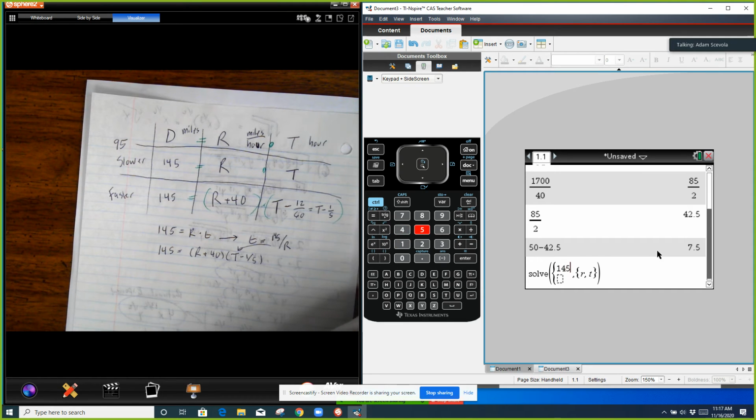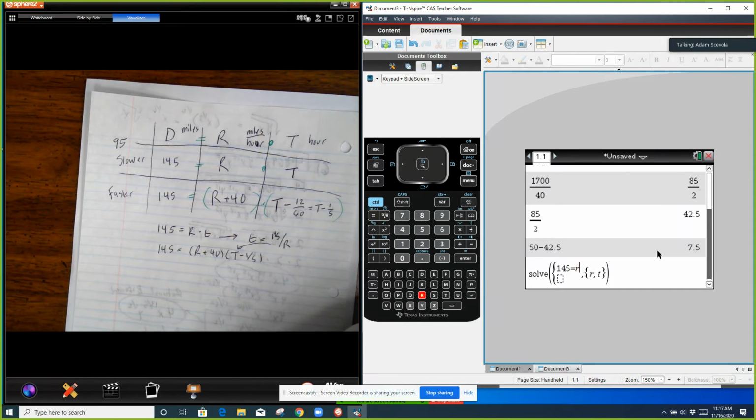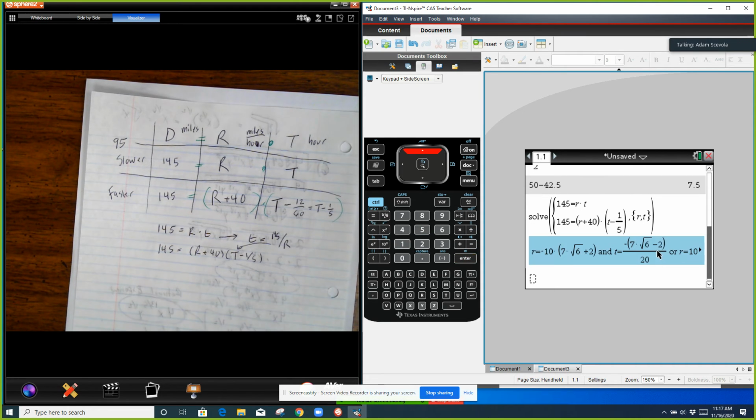Double checking here that I didn't type something in wrong. Looks good. So I'm just going to copy this and hit Control Enter. It'll give me my rates and my times as a decimal. So 151 miles per hour for a plane seems pretty reasonable. We're going to ignore these negative answers.